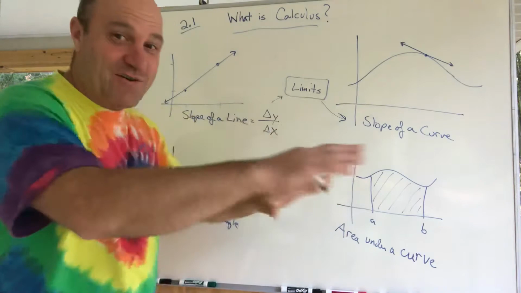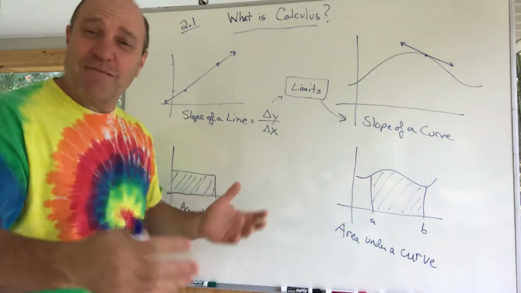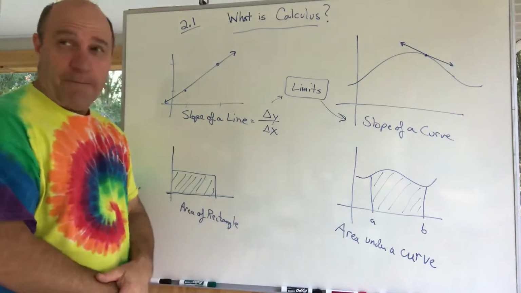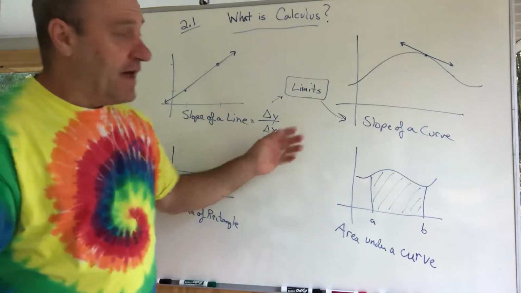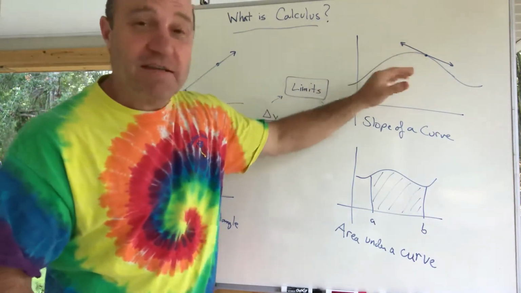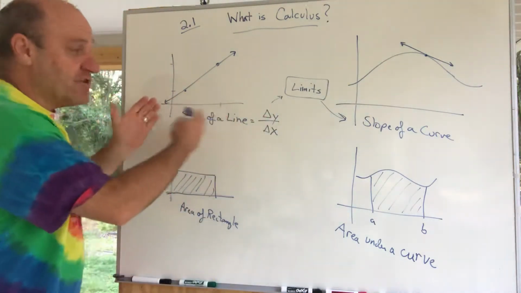And the world is curvy and changing. I've heard calculus is the mathematics of change. This slope is a rate of change. This slope at a particular point is an instantaneous rate of change instead of some average rate of change.